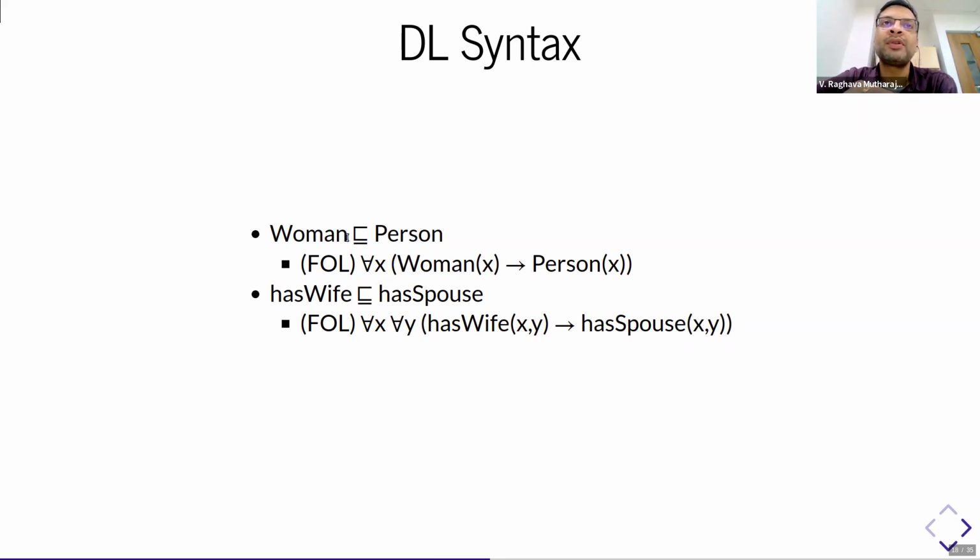This is the description logic syntax, and this is the equivalent first order logic statement. And it's the same for the rules. The subset or subclass relationship maps to the implication, and there's the equivalence, which can be mapped to by implication. So this is: X has wife y implies that X has spouse y.